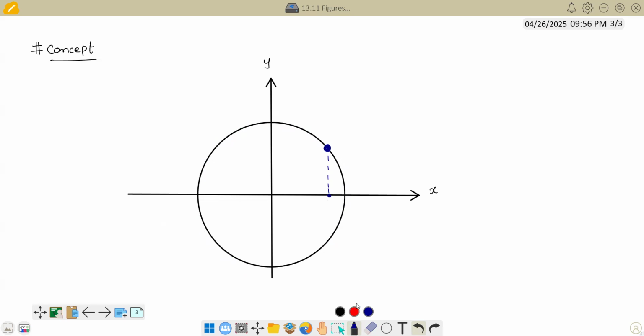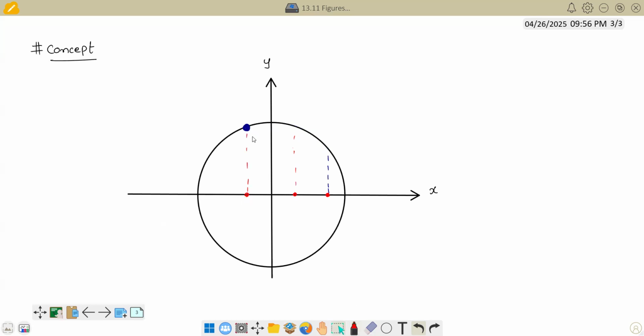I will draw the projection with some other color. As the particle slowly travels to a new position, we get a new projection on the x-axis here. Again, when it travels to a new position, you get a new projection on the x-axis here.